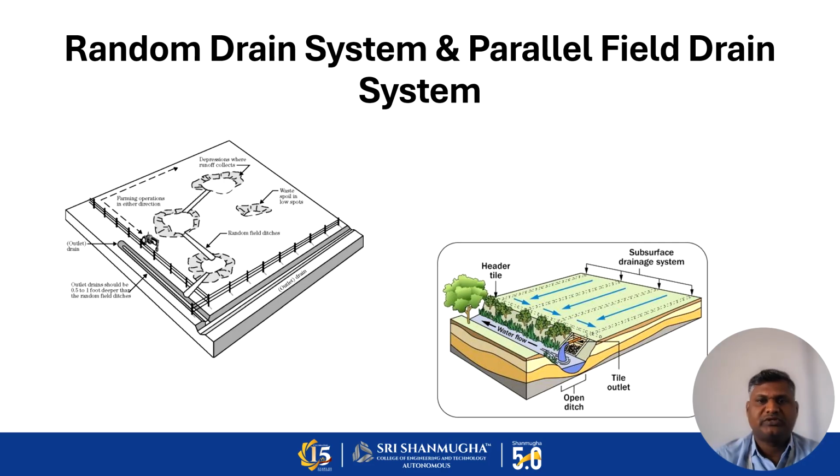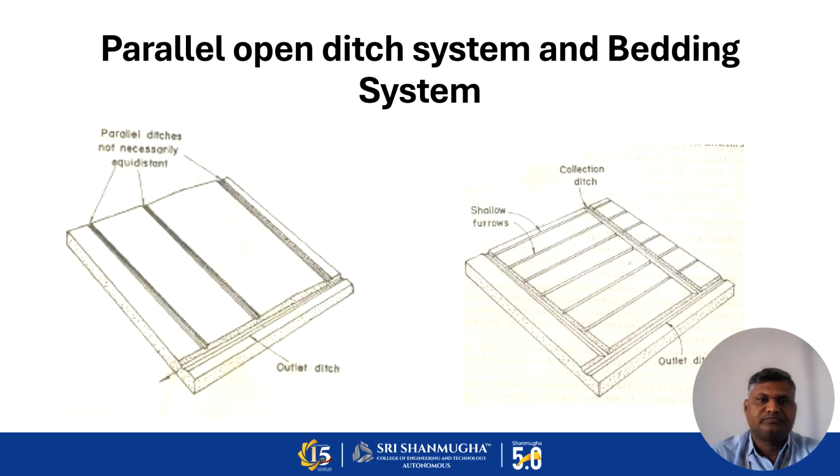Coming to the parallel field drain system, the second picture shows the field drains installed parallelly, so that all the parallel drains will collect the drainage water and it goes to an open ditch. This is the collection procedure in the surface drainage system.